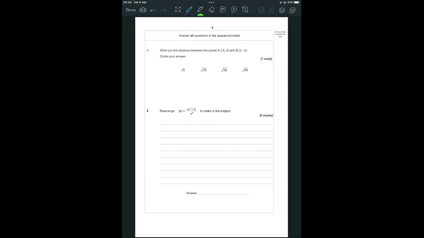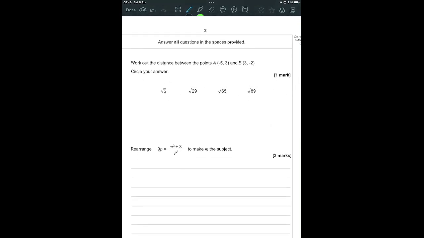Let's get going. So question 1, work out the distance between those 2 points using the formula the square root of the change in the x coordinate squared plus the change in the y coordinate squared. Now it doesn't matter which order I put the coordinates in, first then subtract second or second subtract first.